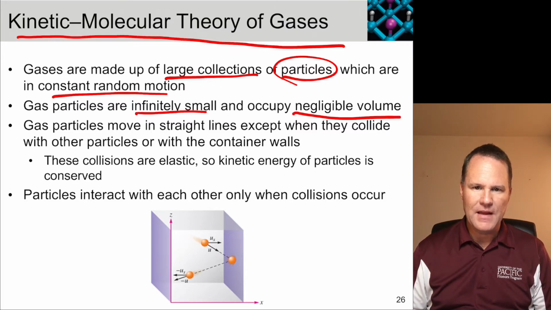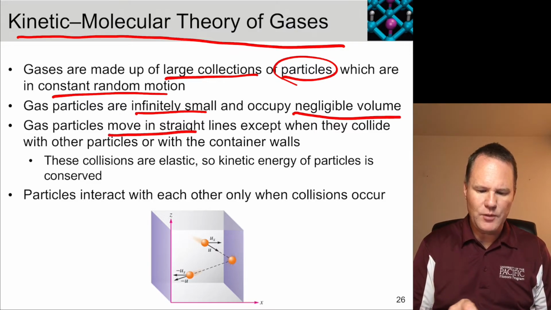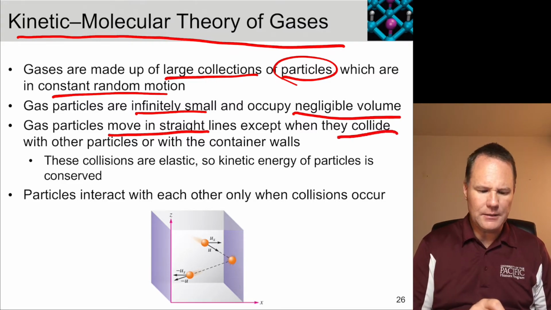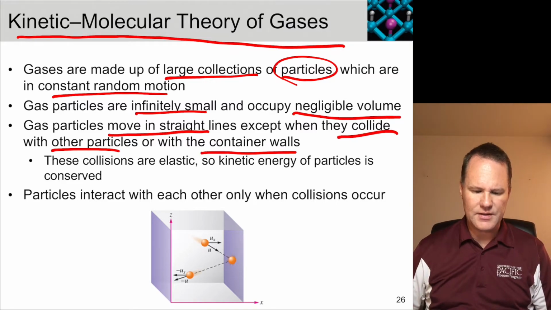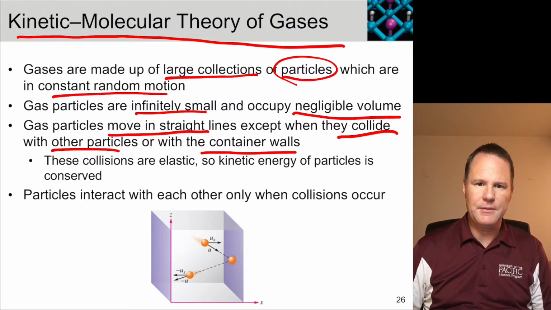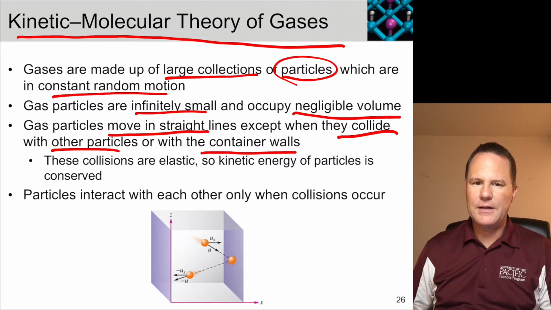That's important. Now, these gas molecules, when I say constant random motion, they move in straight lines, except when they collide. They collide with other particles or with the container walls. Now, when they collide with each other, that doesn't matter. Why do I say that?